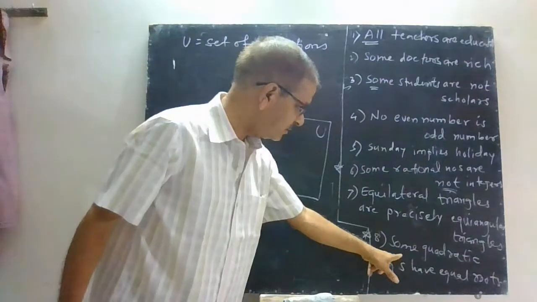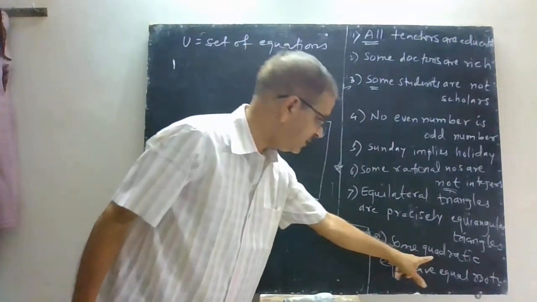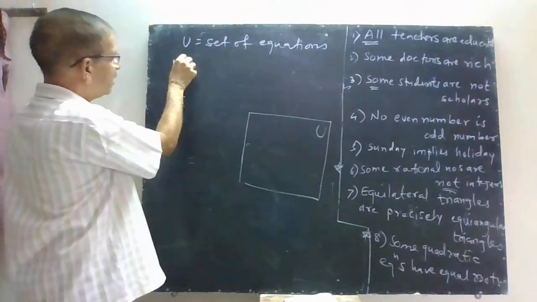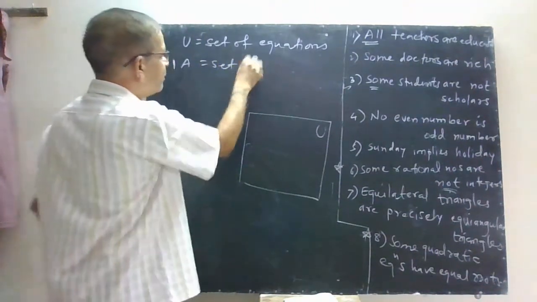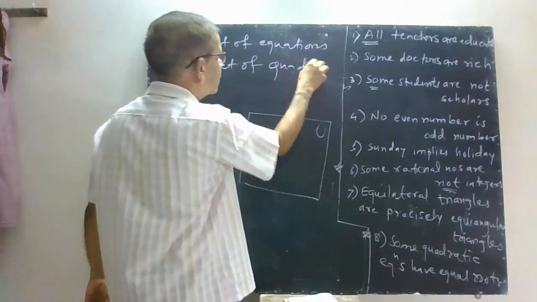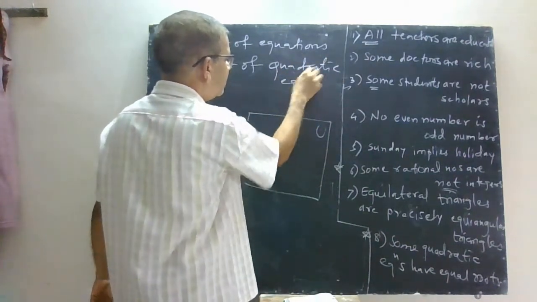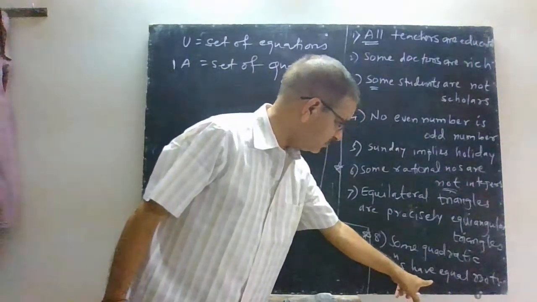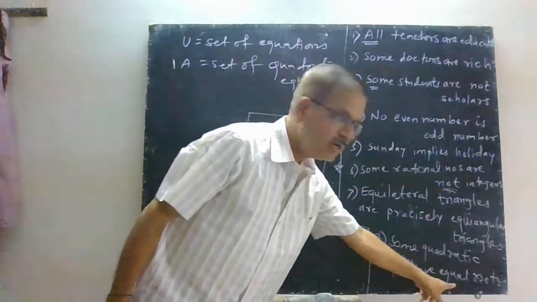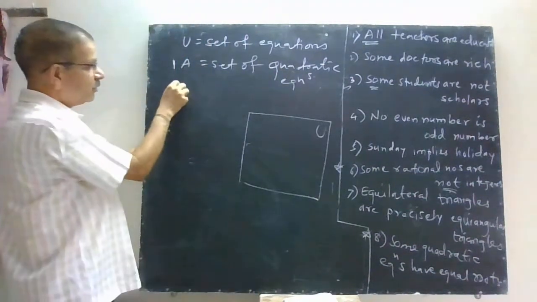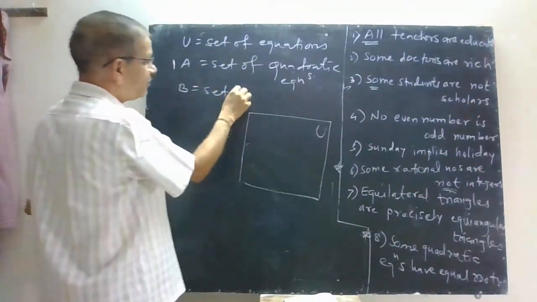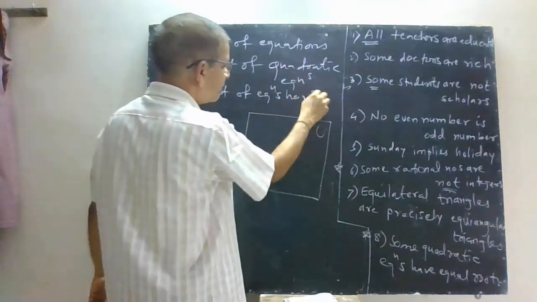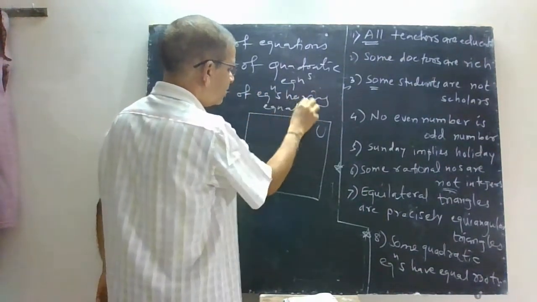Then what about the two sets? See, quadratic equations. Now we can take suppose A is the set of quadratic equations, and now while writing set B, you have to take the set having equal roots.